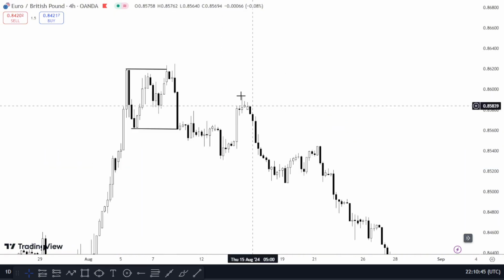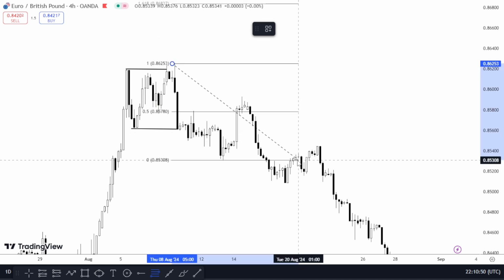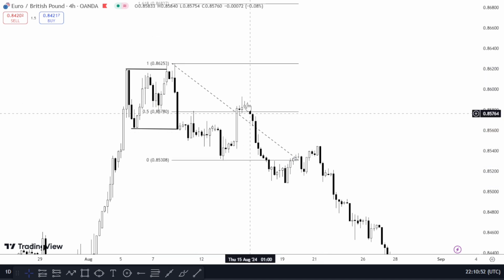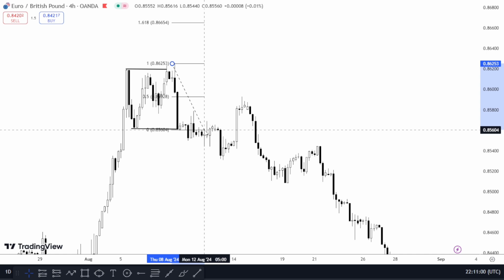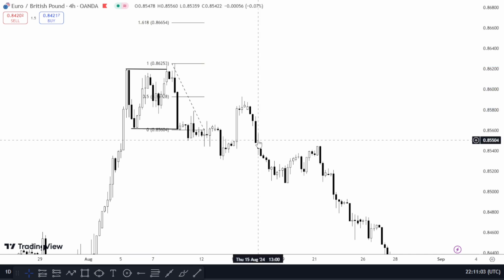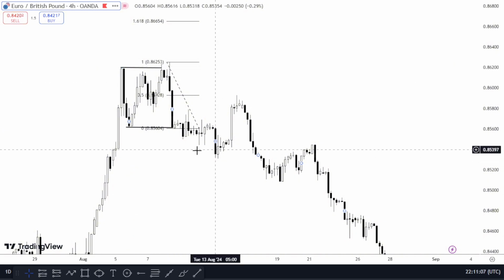And then we have our pullback. You pick your Fibonacci tool. That's your swing structure. You first identify the swing structure. So that's our swing structure, which you then move from here to here. That's where the initial break happened. So now where becomes your PY? Right here, because you cannot take your sells anywhere.